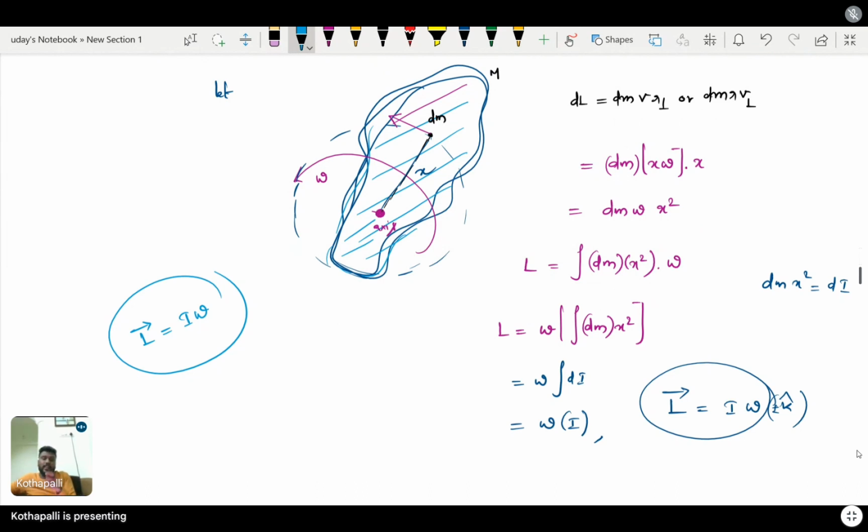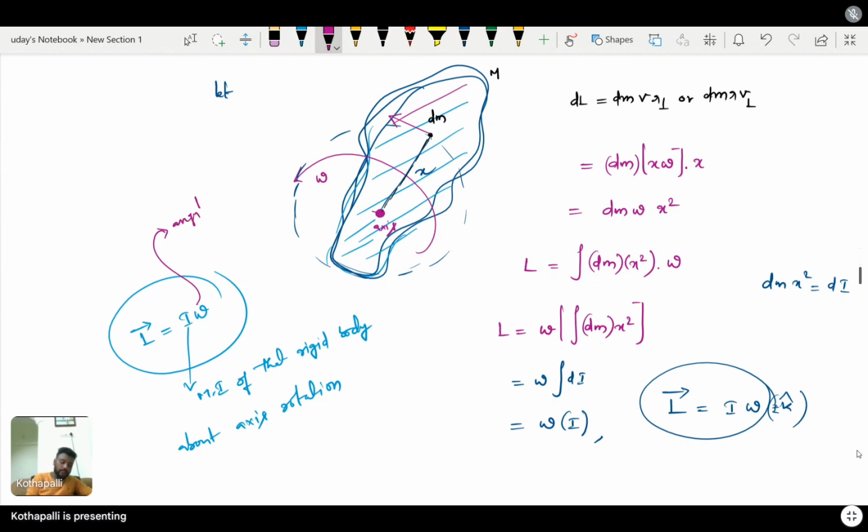The angular momentum of a rigid body is given by I times omega, where I is the moment of inertia of the rigid body about the axis of rotation. And what is omega? Angular velocity. Okay, clear? Now see an example.